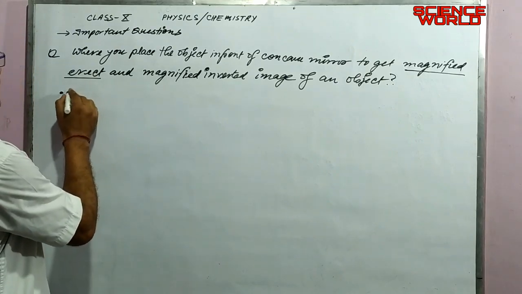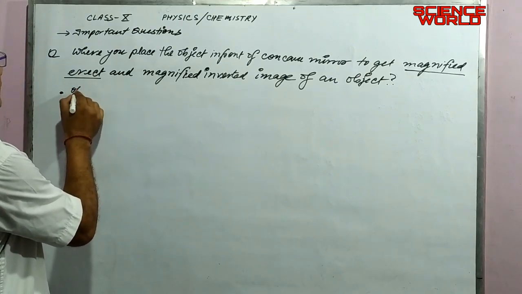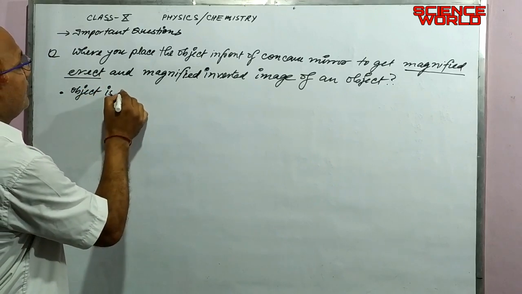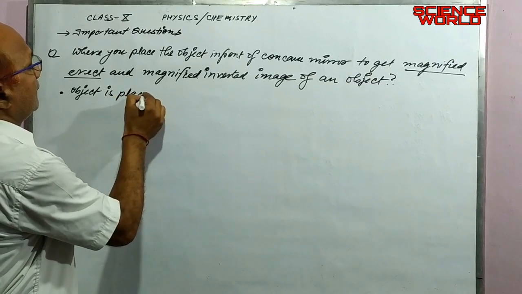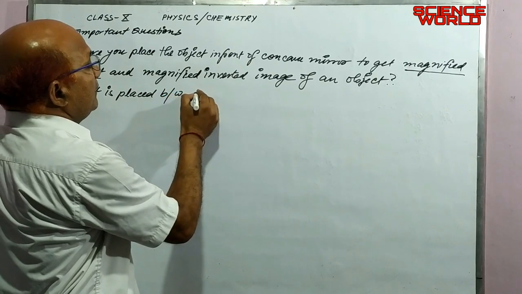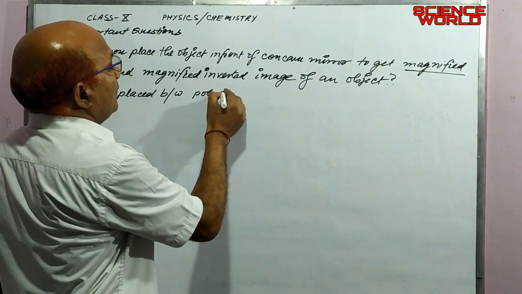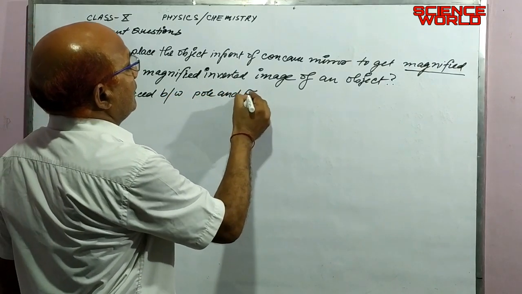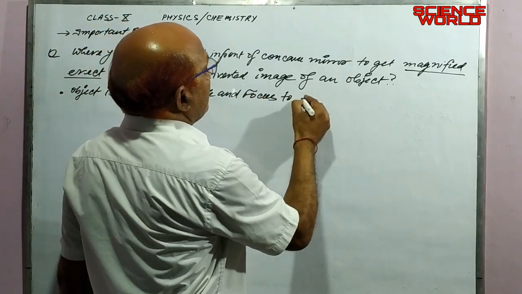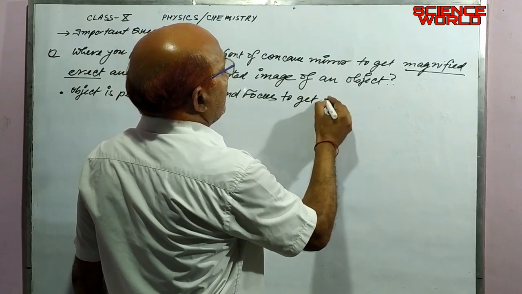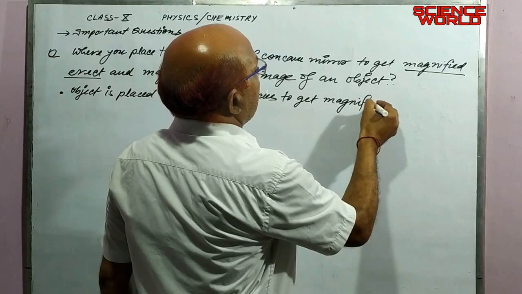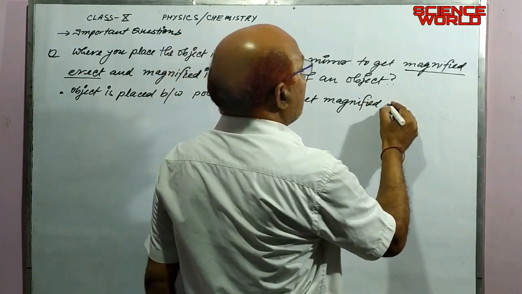The object is placed between pole and focus to get magnified erect image.